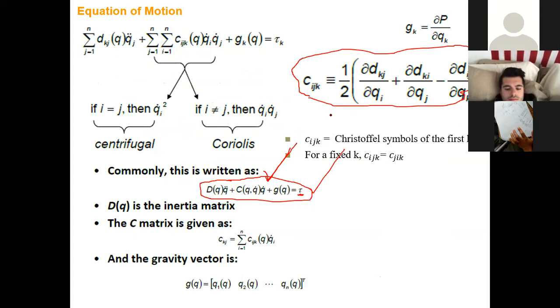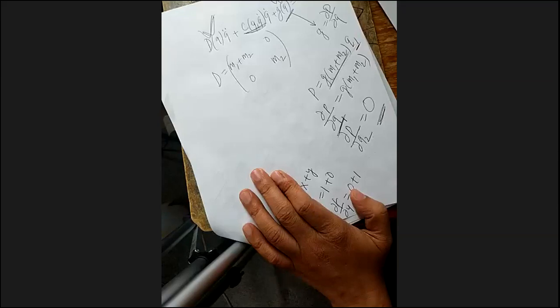Okay. All right. So you see the formula C_ijk. You use this formula, right? You know what formula to use.